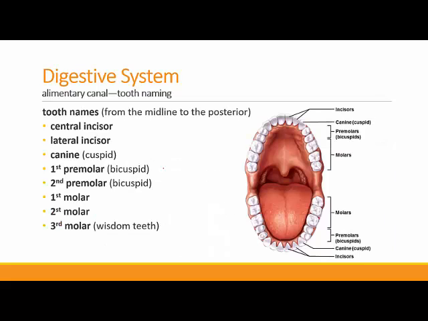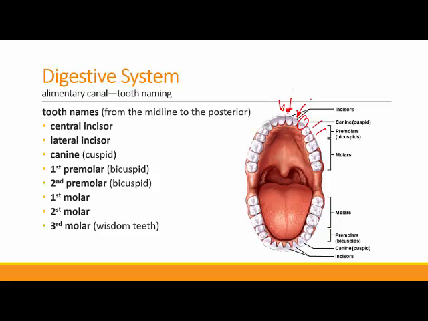Naming of the teeth, we have the central incisors. To the lateral surface side of each central incisor is the lateral incisor, sometimes called the first and second incisors. Then is the canine tooth, that's the sharp corner tooth of our mouths.